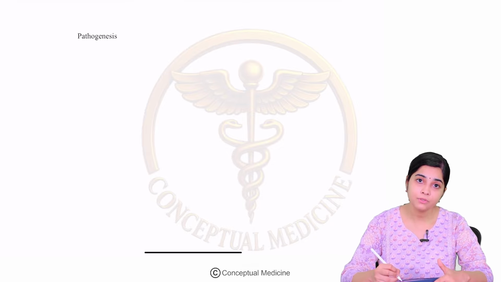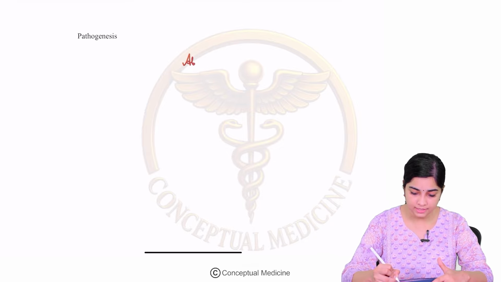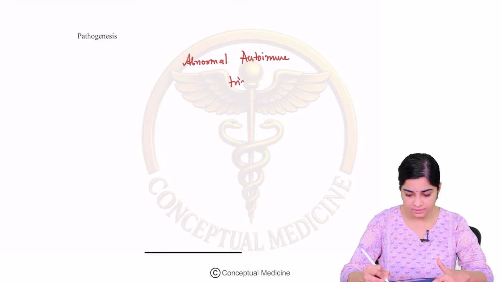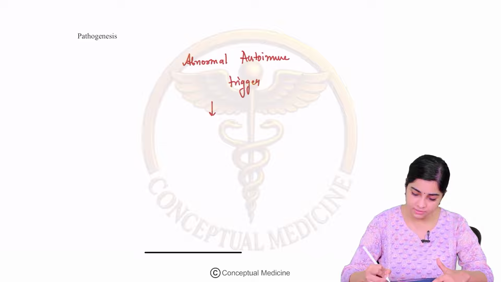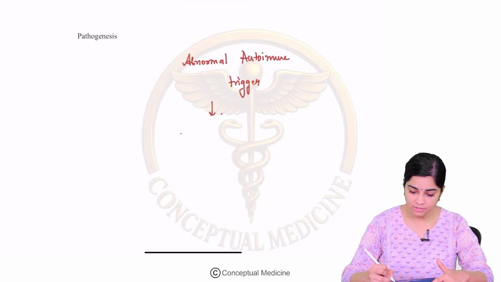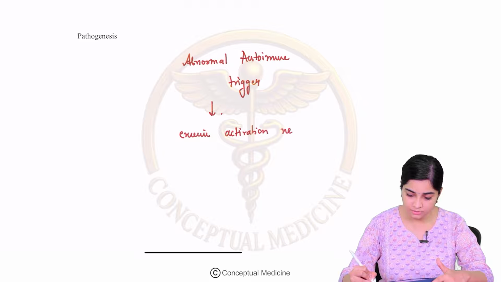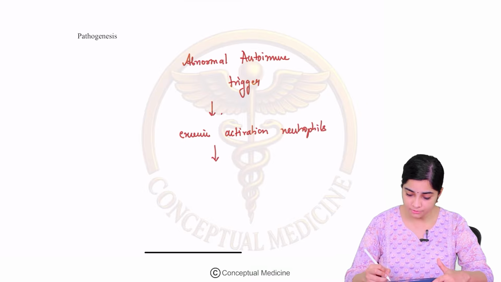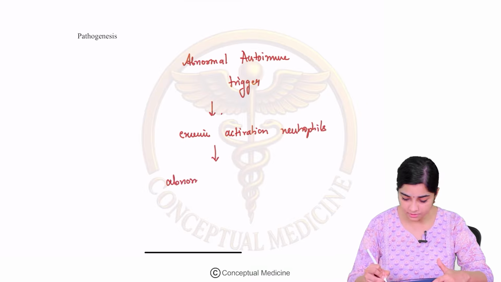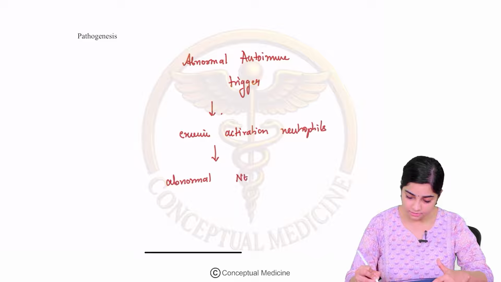So in your immune complex mediated vasculitis, there is an abnormal autoimmune trigger. This abnormal autoimmune trigger is going to stimulate an excessive amount of neutrophils. So there is excessive activation of neutrophils. This excessive activation of neutrophils results in abnormal NETosis.